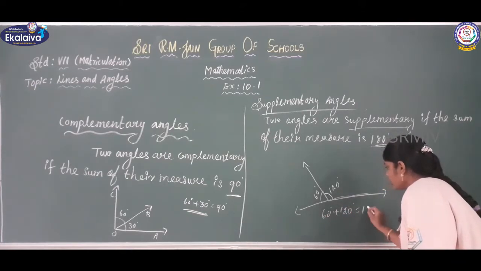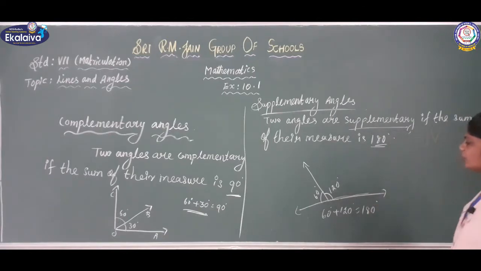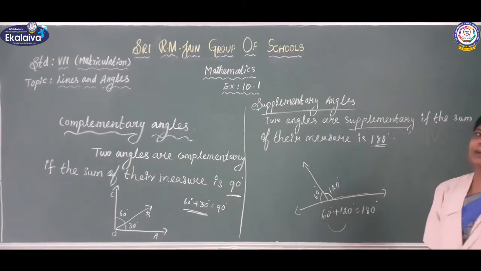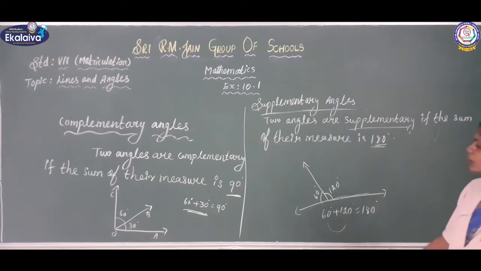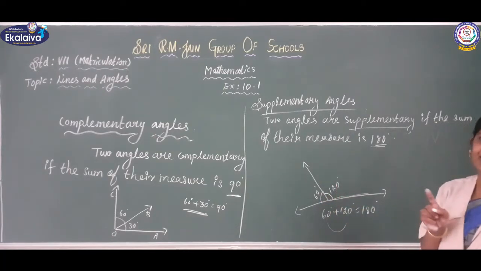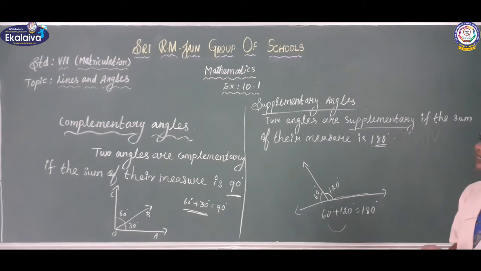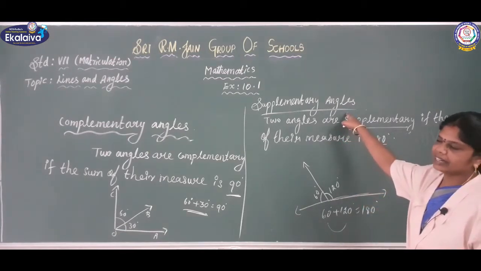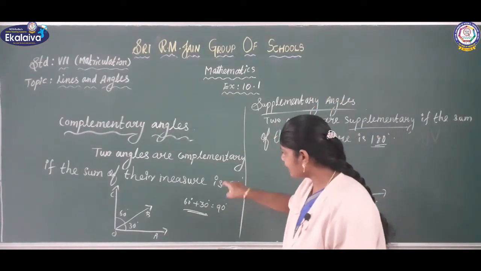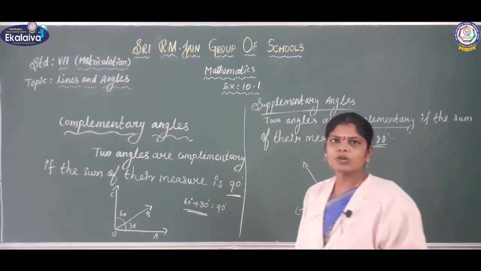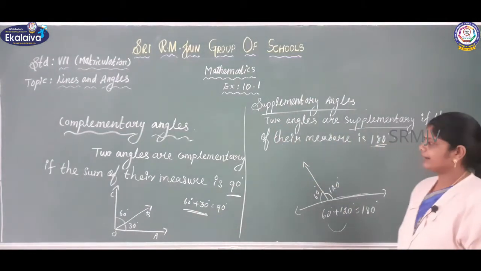When we add this, what are you getting? 180 degrees. So these two angles are called supplementary angles. When we add two angles, if you get 180 degrees, that type of angles is called supplementary angles. When we add the angles, if you get 90 degrees, those angles are called complementary angles.